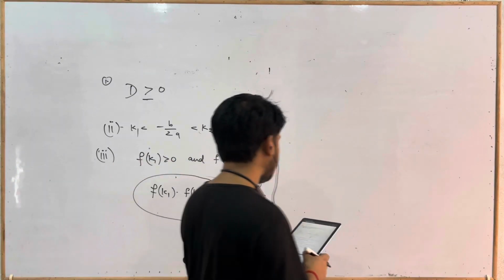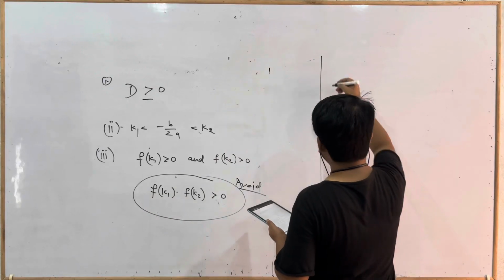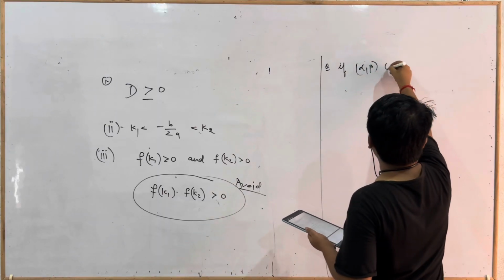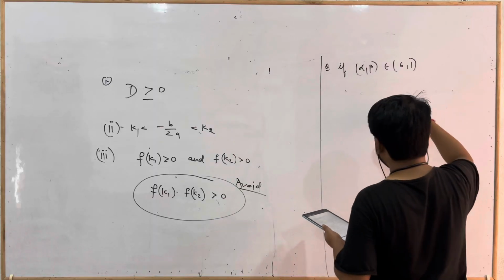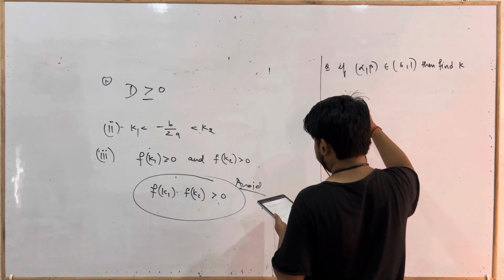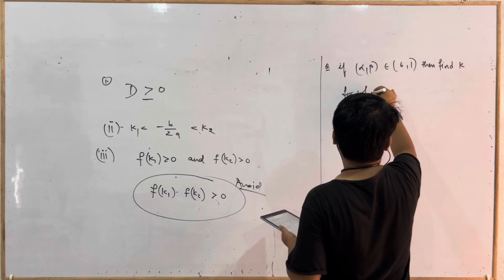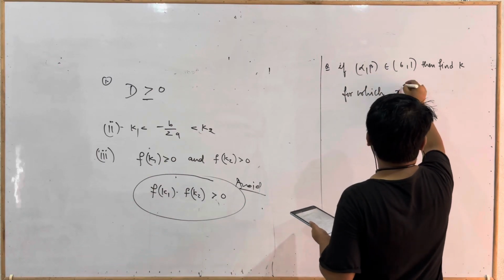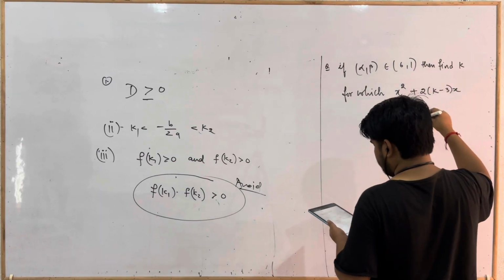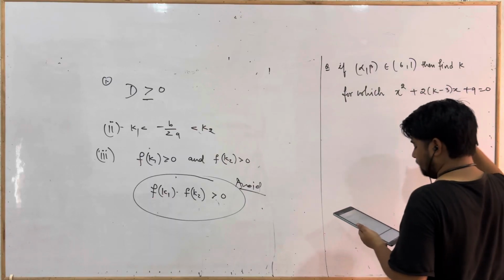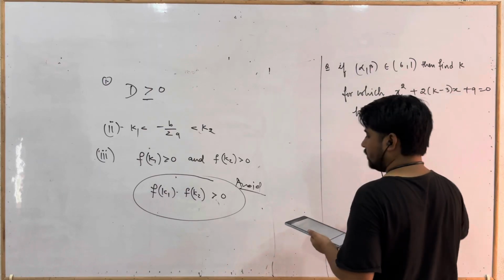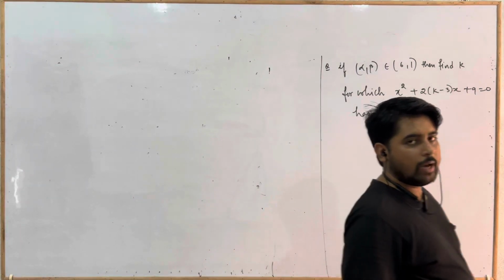So this question is that if alpha, beta are elements of [-6, 1], then find k for which x square plus 2 into (k minus 3) into x plus 9 equal to 0 has roots alpha, beta. Okay, so according to the question, first I will plot the graph.